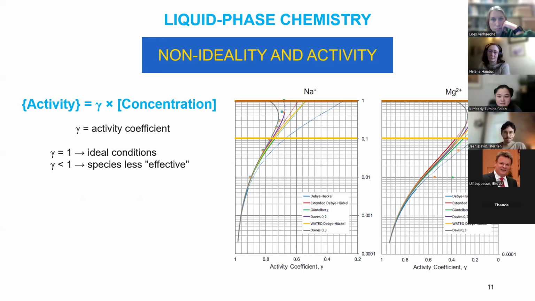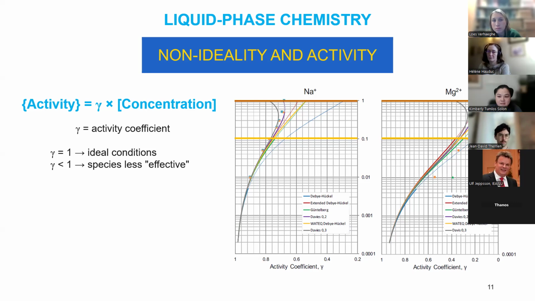If we look at the orange line, at the same ionic strength, we can already see that activity coefficients vary between the two. For a divalent ion such as magnesium, your activity coefficient is, let's say, around 0.4, while for the sodium ion, a monovalent, it's around 0.7.